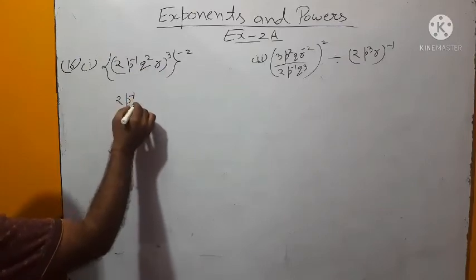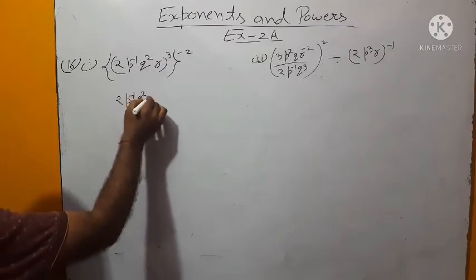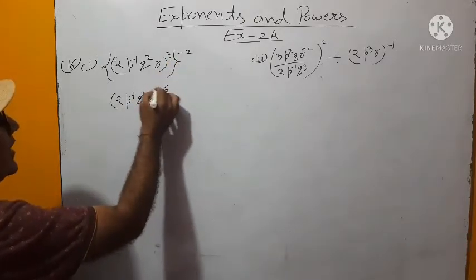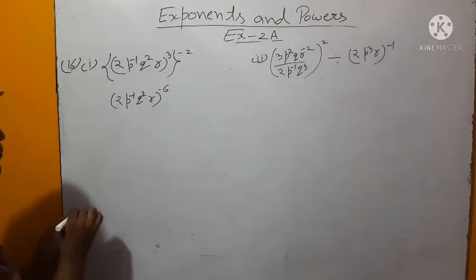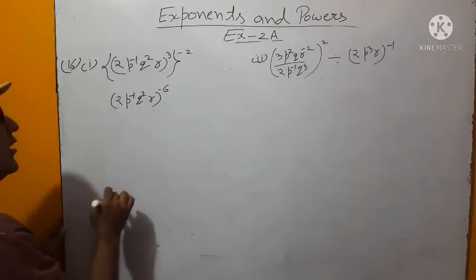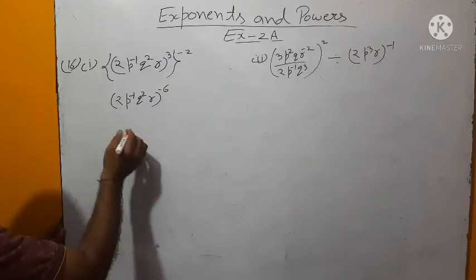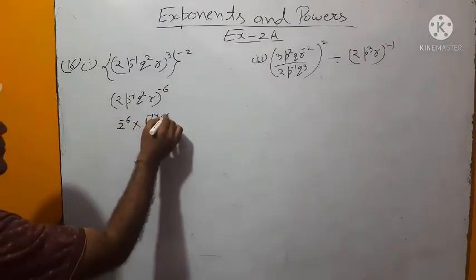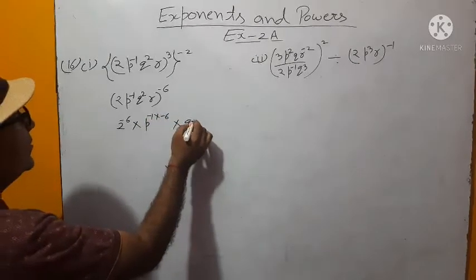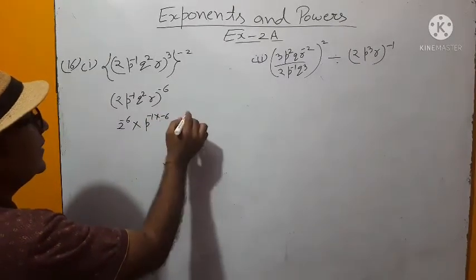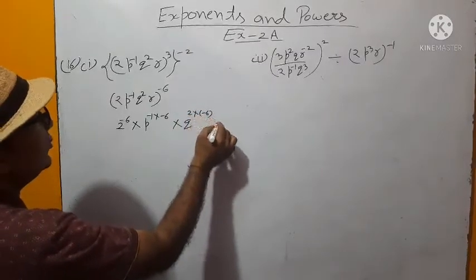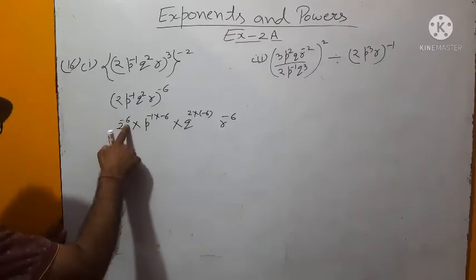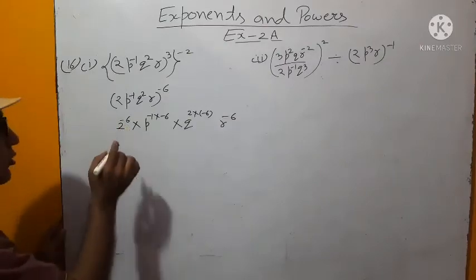So you can write it 2p power minus 1 q square r to the power 3 multiplied by minus 2 becomes minus 6. Is this understood? Now again exponents over exponent. So you can write it 2 power minus 6 into p power minus 1 into minus 6, q power 2 into minus 6 and r power minus 6. 2 power minus 6, exponent should not be negative.